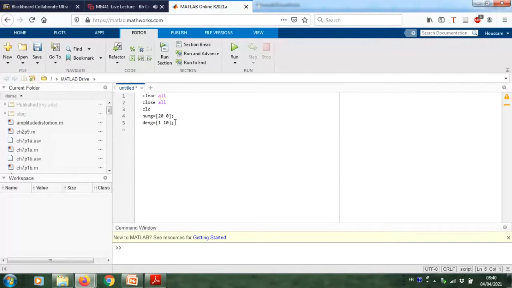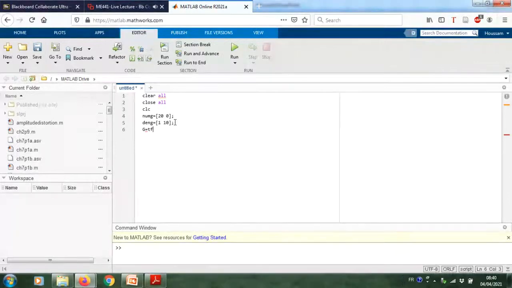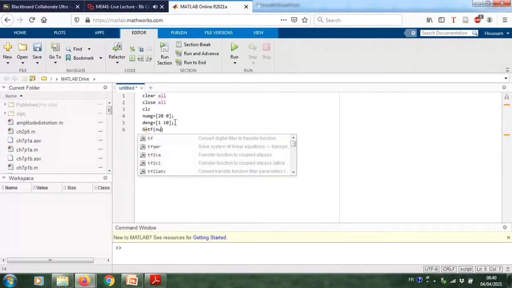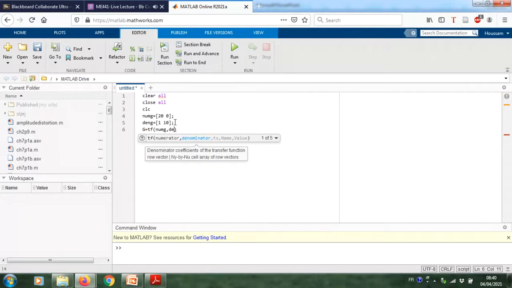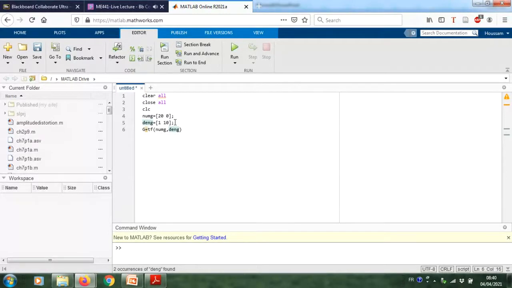Then to find g, g equals tf of the numerator of g and the denominator of g. Then we use the function bode of g. Let's save and see.